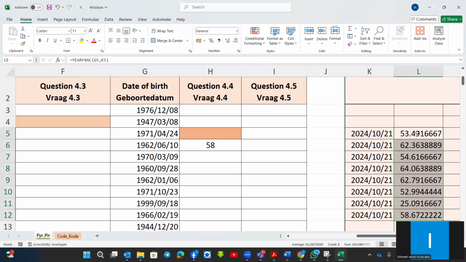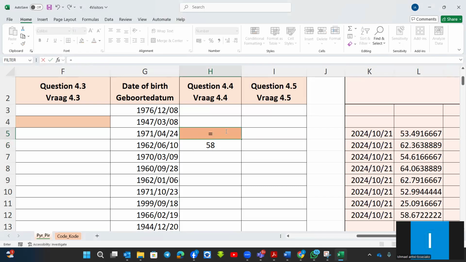Right, now this is 53 years, 62. Now we need to convert it into completed years without the decimal place. So we can use the INT function, equal sign, INT for integer. And then we click on the answer.